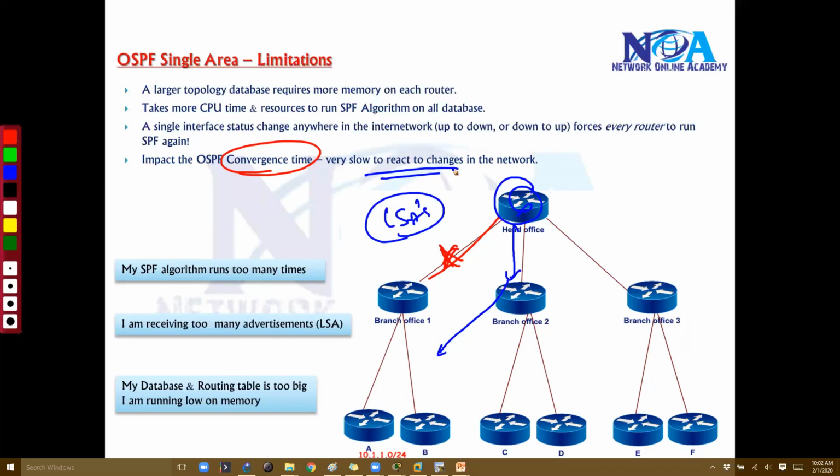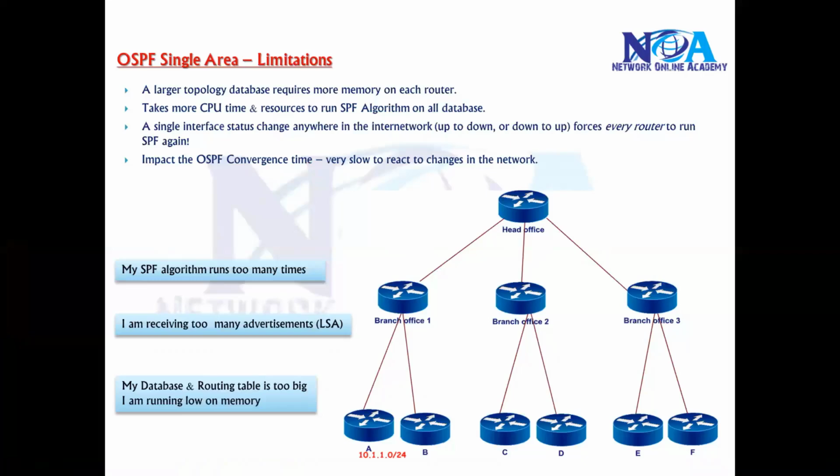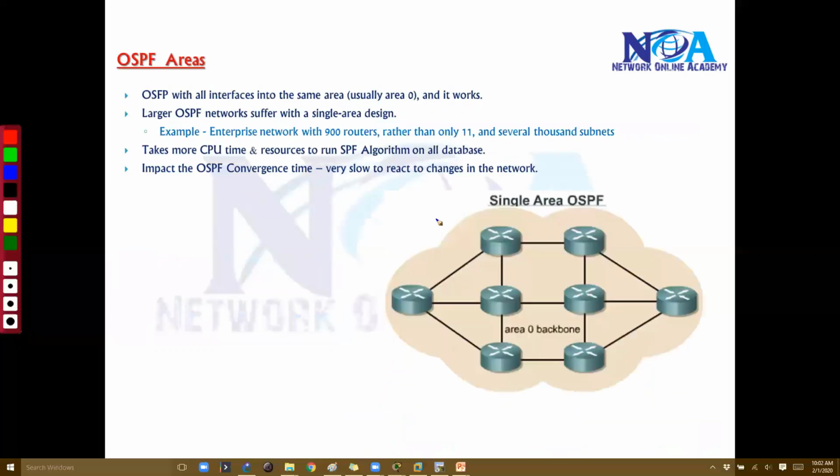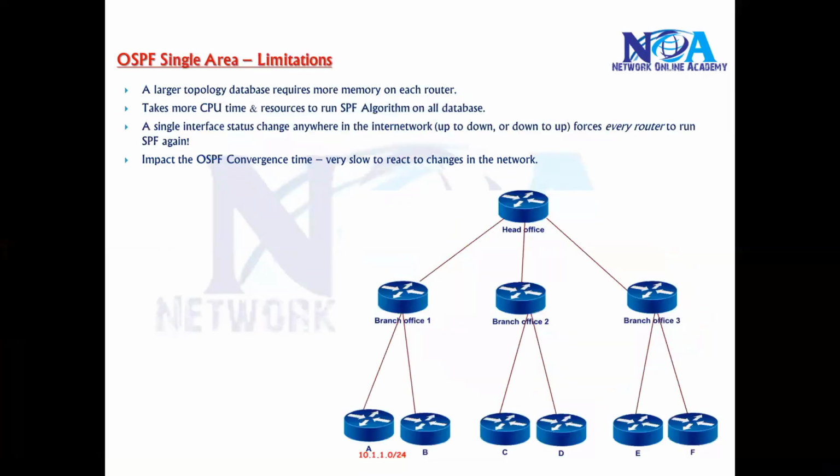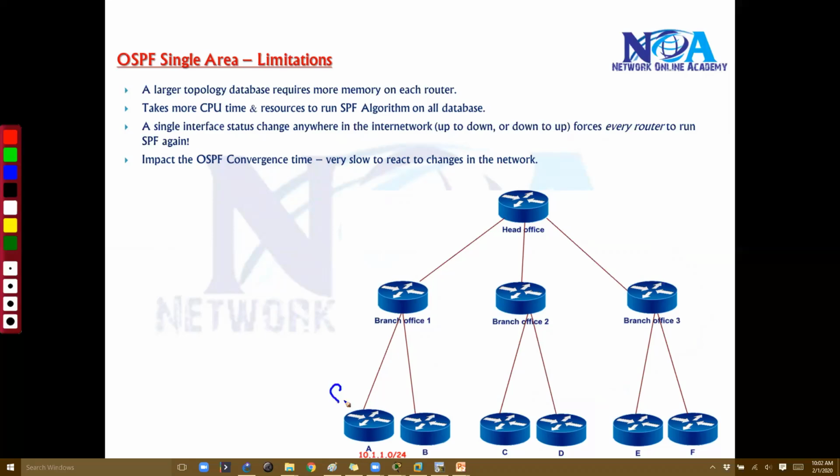So the issues are that it takes more CPU resources to run those algorithms, and the convergence time is a little slow in reacting to changes in the network. The bigger the network, the more convergence time and CPU resources it may take. Even sometimes, if a router with 800 or 900 routers to handle is unable to process them, it can restart or go down, and that will again impact communication.